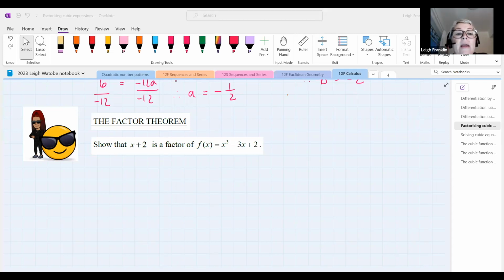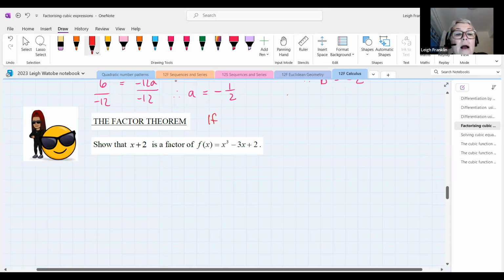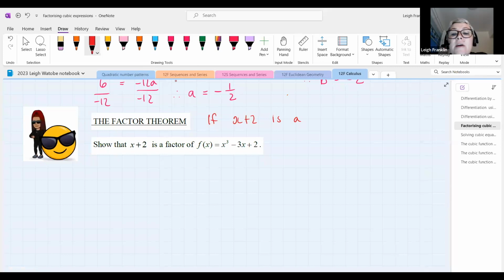So if x plus 2 is a factor of f of x, it means that our remainder is going to be equal to 0. Okay, very important point. All right, good job, everybody.